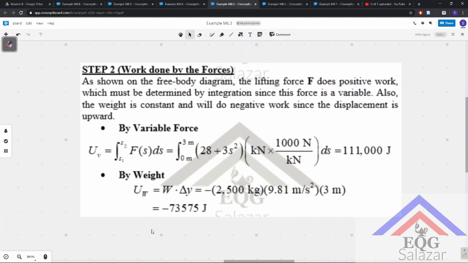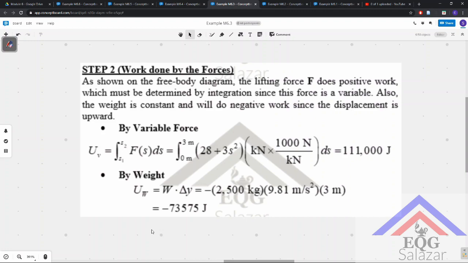Integrating from 0 to 3 the equation 28 plus 3s squared, and since this is in kilonewtons, you have to change it into newtons in order to arrive at a unit of newton-meter, which translates into joules. So we have 111,000 joules after integration from 0 to 3.